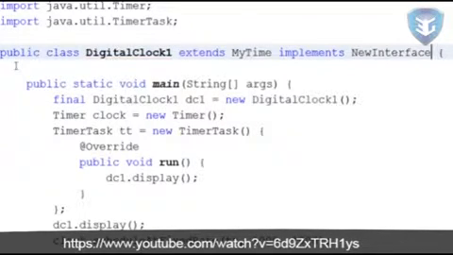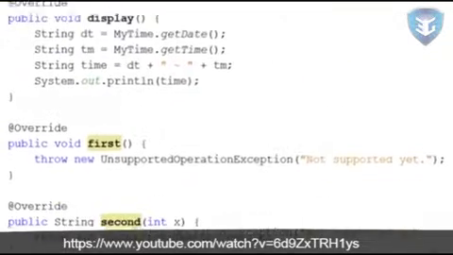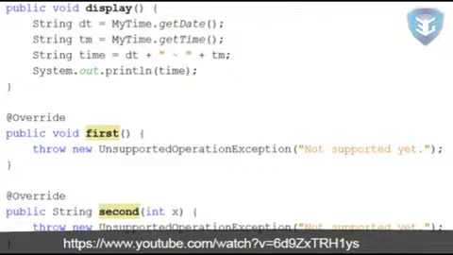When I click on this, I now get the two new methods appearing at the bottom. Here are the two new methods, first and second. First was just a method, and in there we would do whatever it is we want it to do. At the moment, obviously, it's not coded, so it's throwing an unsupported operation exception, but that's fine.